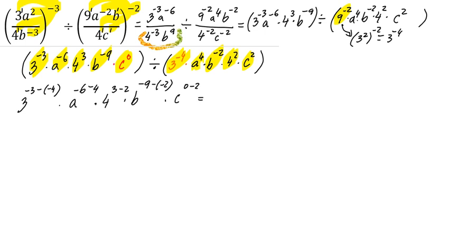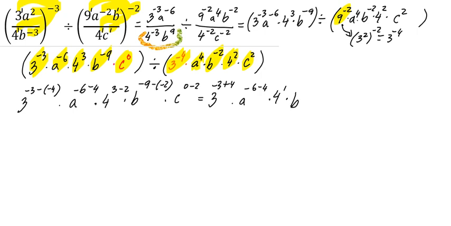After we simplify, this whole thing equals 3 to the negative 3 plus 4 times a to the, what do we have? We have a to the negative 6 minus 4. So that's negative 6 minus 4. Next we have 4 to the 3 minus 2 is 1.